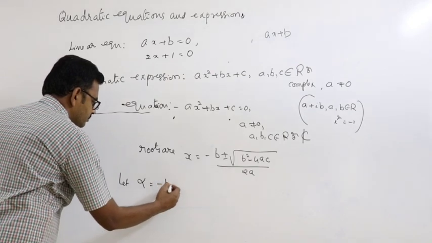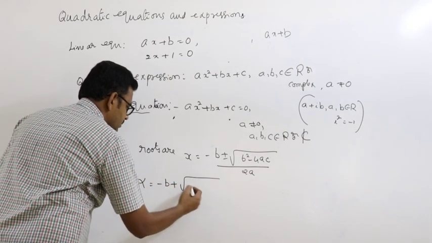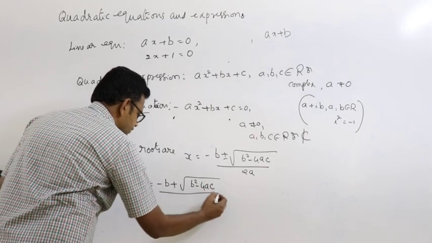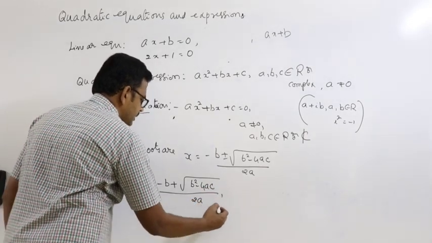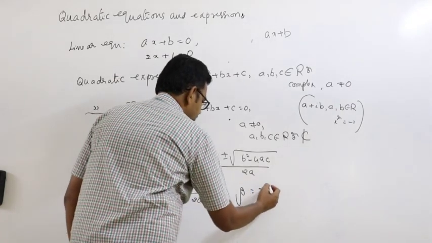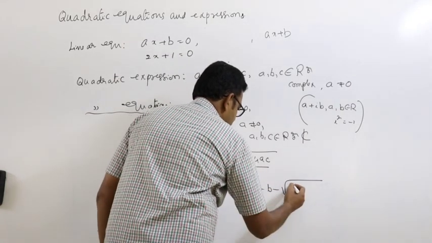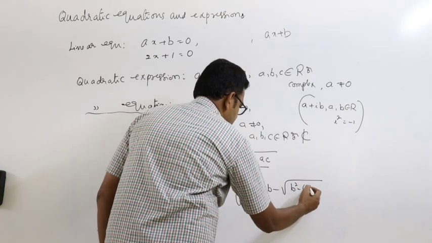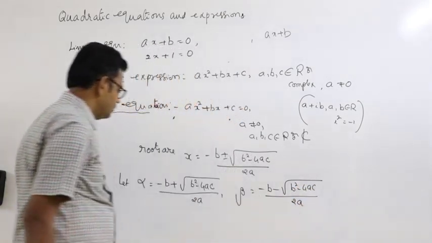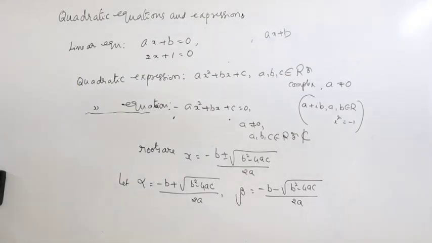Alpha equal to minus b plus root of b square minus 4ac by 2a, and beta equal to minus b minus root of b square minus 4ac by 2a. These are the roots of the equation. Note the points.